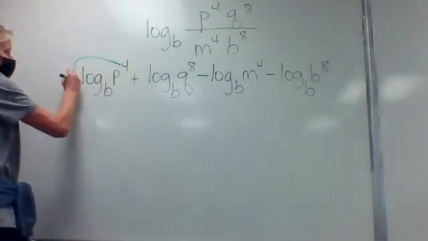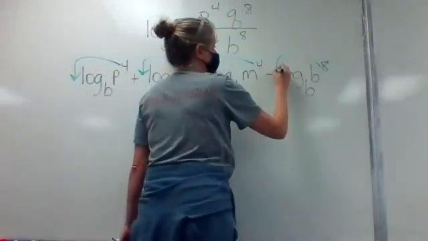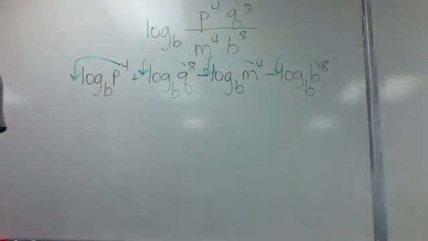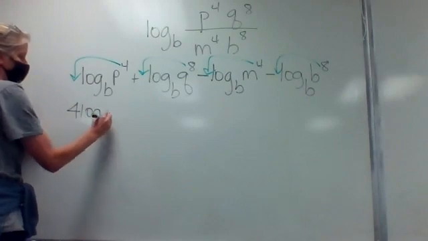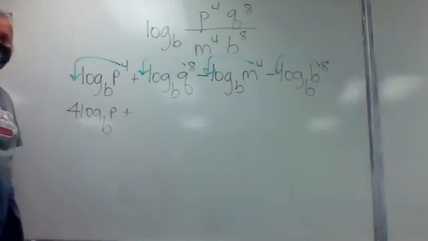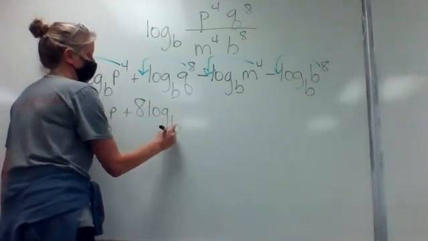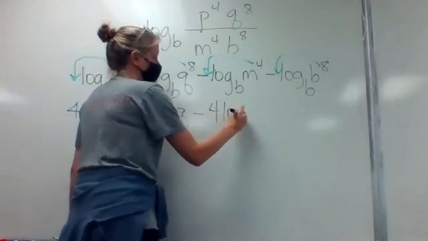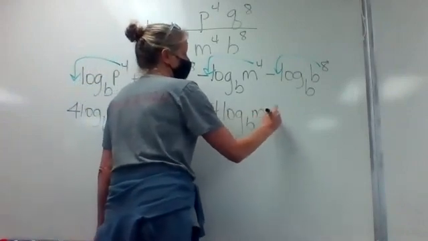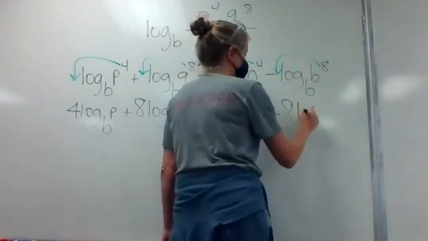Now, everybody's got exponents. I'm going to bring those down. So now I've got 4 log base b of p plus 8 log base b of q minus 4 log base b of m minus 8. Now, here's something else.